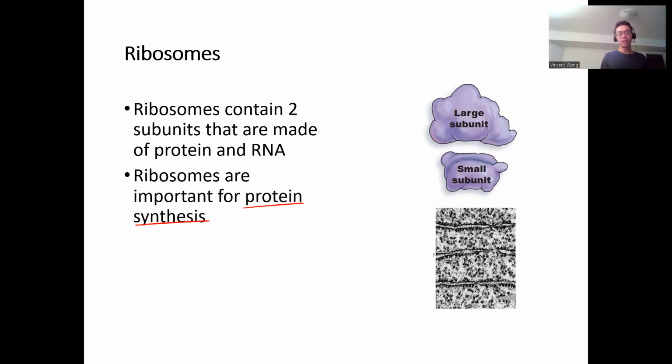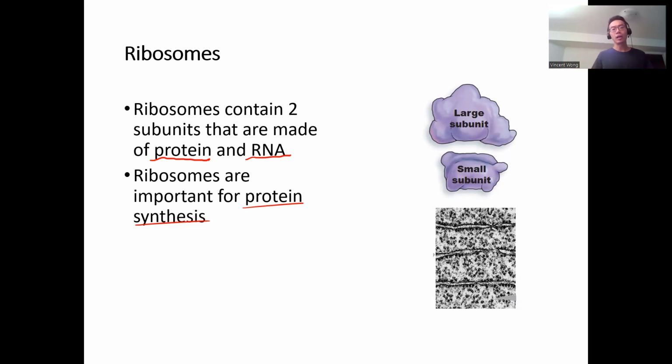It makes protein. What is the ribosome itself made up of? Interestingly, the function is to make protein, but the ribosome itself is also made up of proteins, and a little bit of RNA. Remember there are 3 kinds of RNA, right? Messenger RNA, like the ones you know in the vaccine.